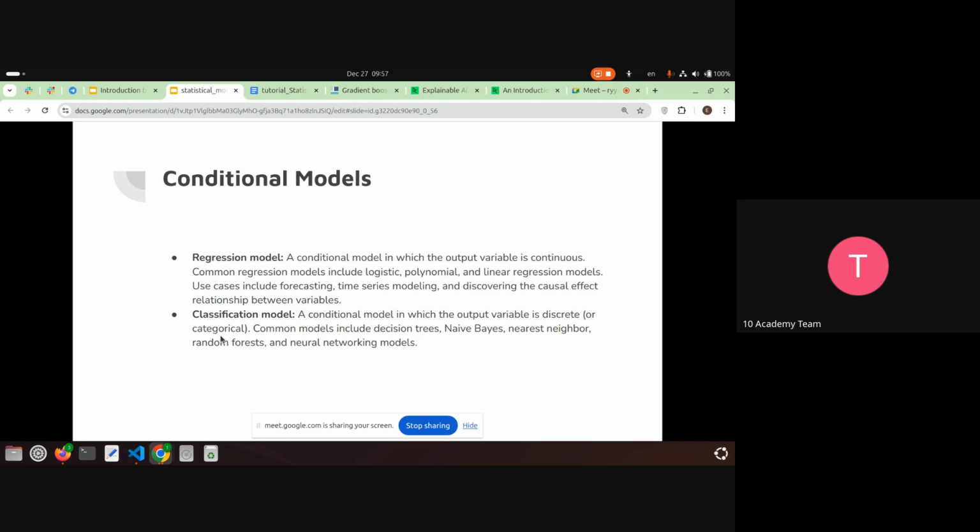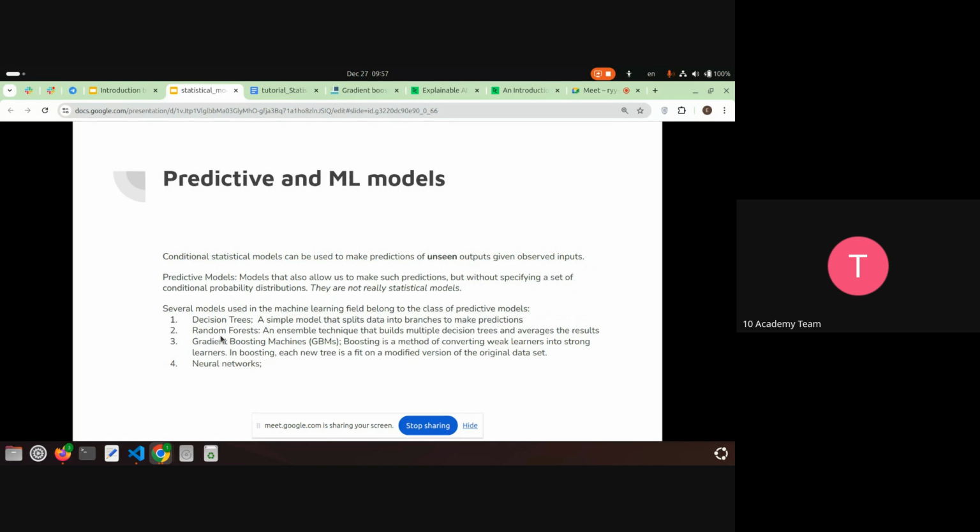Depending on the kind of model, it's still a statistical model if you understand the relationship between the variables, or you have statistical assumptions. But some of the machine learning models don't have a set of statistical assumptions for how they work. These are called predictive models.